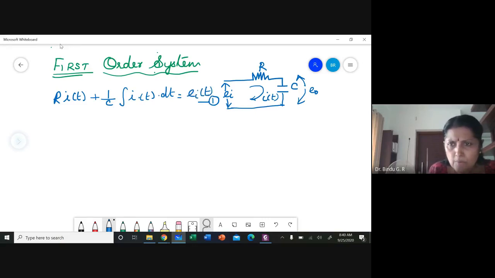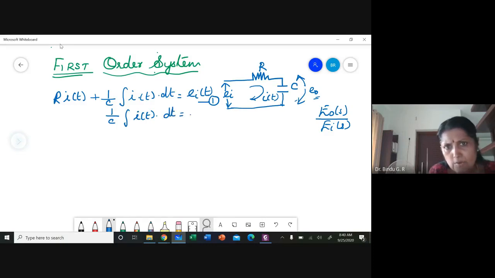Then I want to get the transfer function, which means the relationship E0(s) by Ei(s). In equation number 1, E0 doesn't come, so I have to write one more equation. E0 is the voltage across the capacitance, so I can write 1 by C integral of i(t) dt is equal to E0(t).